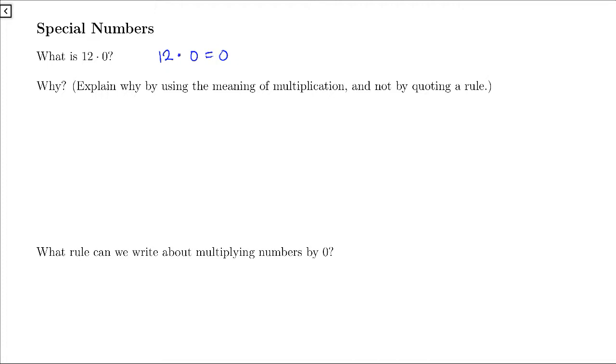So we can think of 12 times 0 as adding up 12 copies of 0. So it's 0 plus 0 plus 0, and I'm going to continue this.